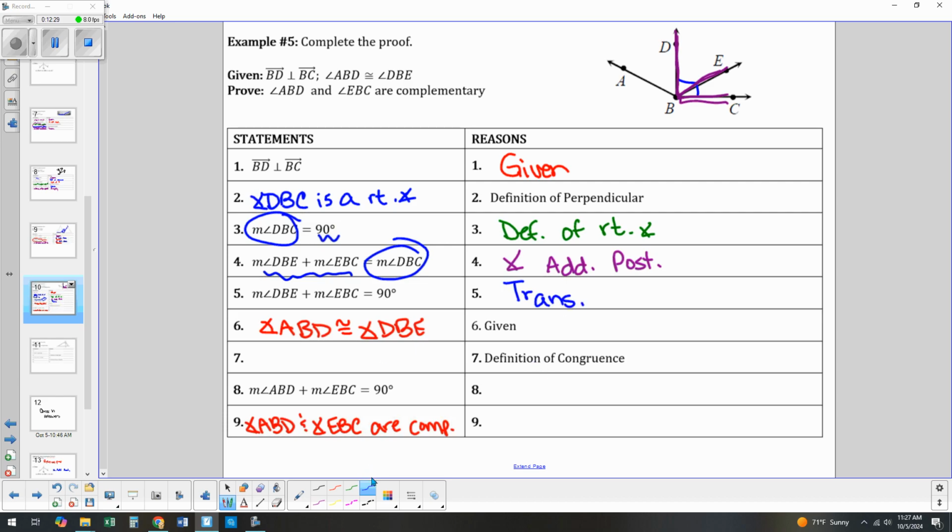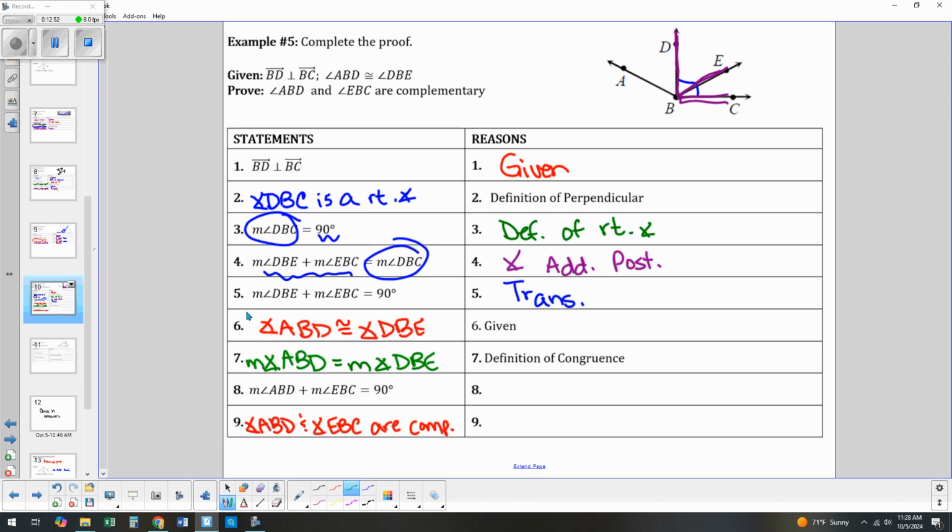Then we were given that those are congruent. We're changing the symbols using definition of congruence. So that means I'm going to turn this into measure of angle ABD equals measure of angle DBE. Step 8 says the measure of angle ABD plus the measure of angle EBC is 90.